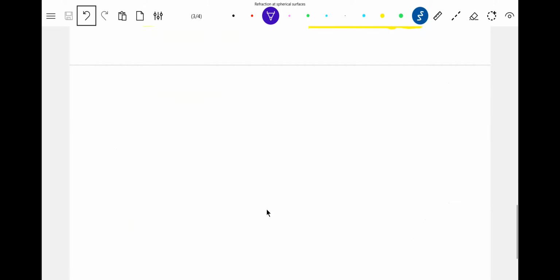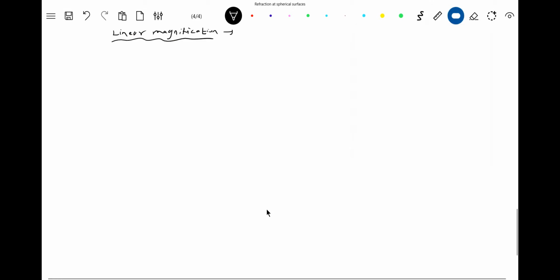We'll derive the formula for linear magnification. Let me go for a spherical boundary.